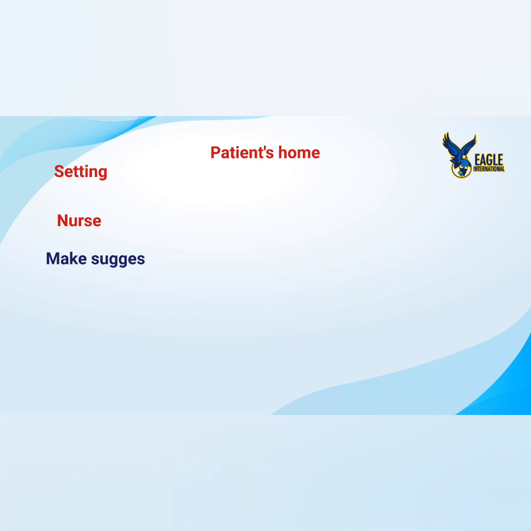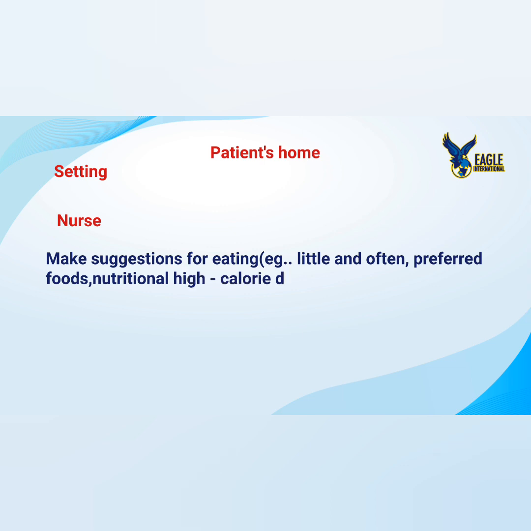Our third point is to make a suggestion for eating. Maybe the patient is unable to take food properly. So what suggestion can we give? What type of food does he prefer? We can ask whether he likes to take solid food, semi-solid food or a liquid diet.